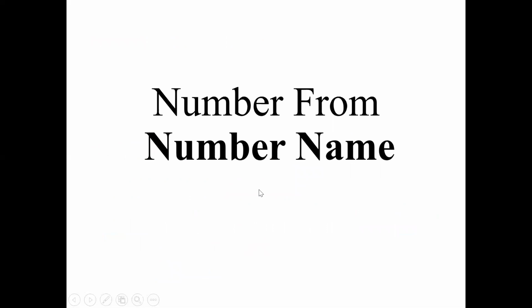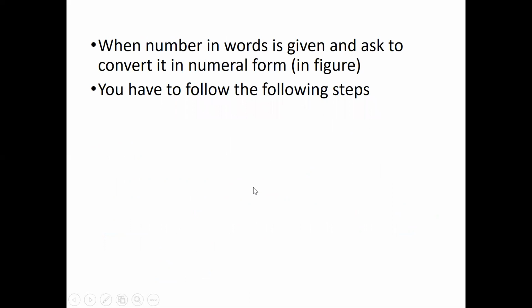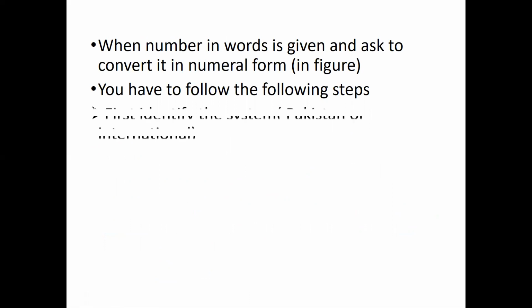For example, if the number name is given to you and you are asked to make the numeral of that number name, you must follow some steps. First, identify the system, whether it is Pakistani or international. You will identify it by the comma.